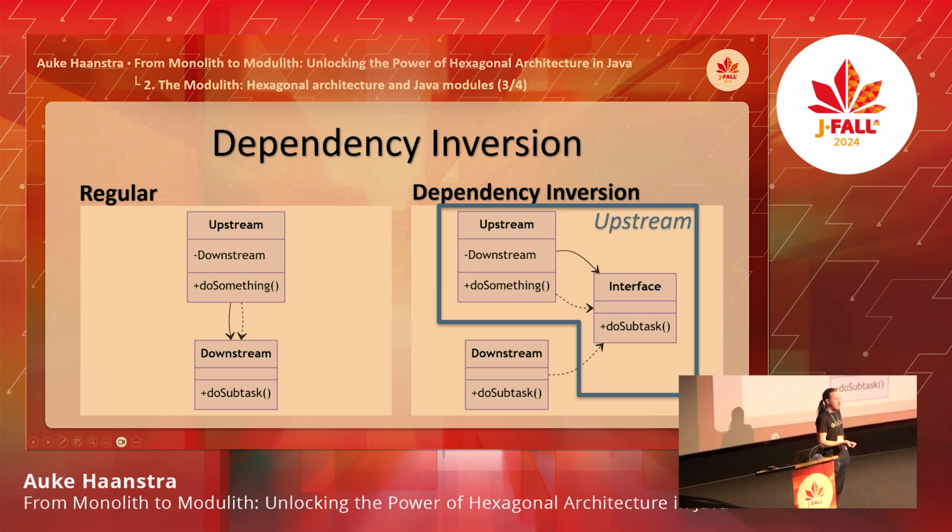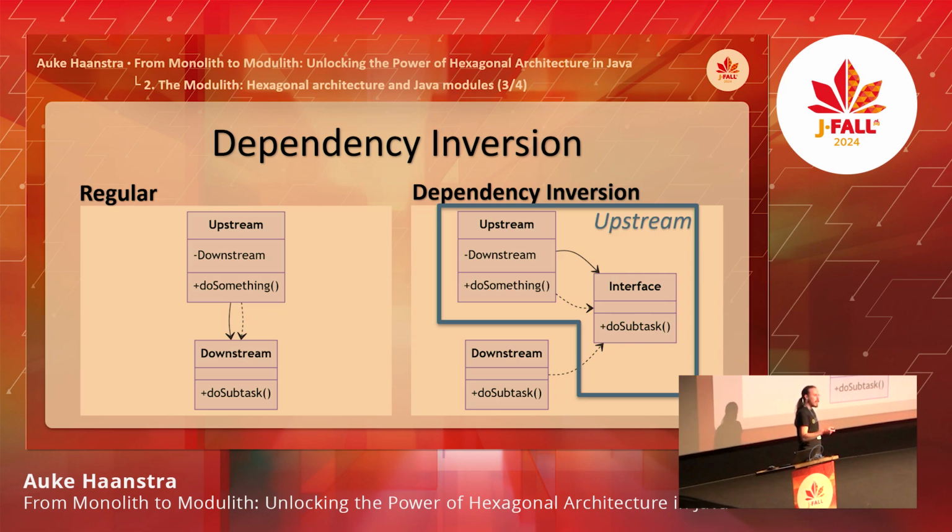With dependency inversion, you turn this around. So here you have the upstream class, and it's not dependent on the downstream class anymore. It's dependent on the interface, and the downstream class, in turn, is dependent on the upstream part. So what you do is you define the interface near your upstream class.